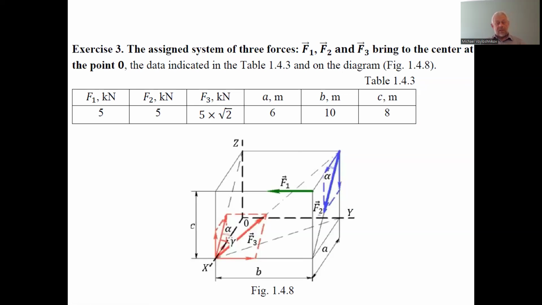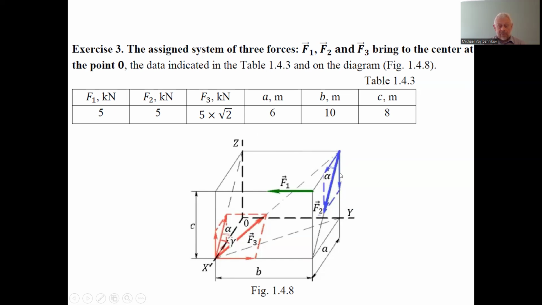So next assignment, exercise 3. The system of three forces, F1, F2, and F3. We have to bring this system of forces to the center point. The data is indicated in table 1.4.3 and on the diagram. So we have forces F1, F2, F3: F1 is 5 kilonewton, F2 is 5 kilonewton, F3 is 5 multiplied by the square root of 2 kilonewton.